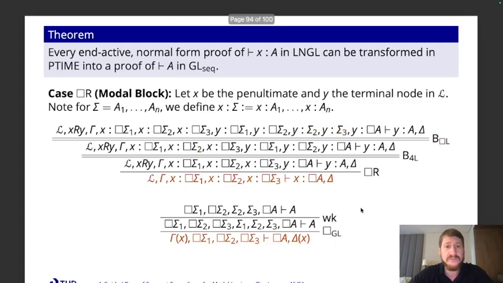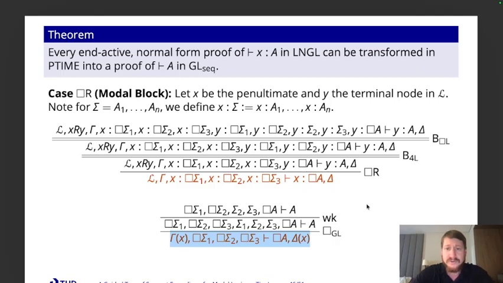So we'll notice something here. We have a line sequent at the bottom of this modal block, and by the induction hypothesis the end component of this line sequent already occurs inside of the output Gentzen proof.